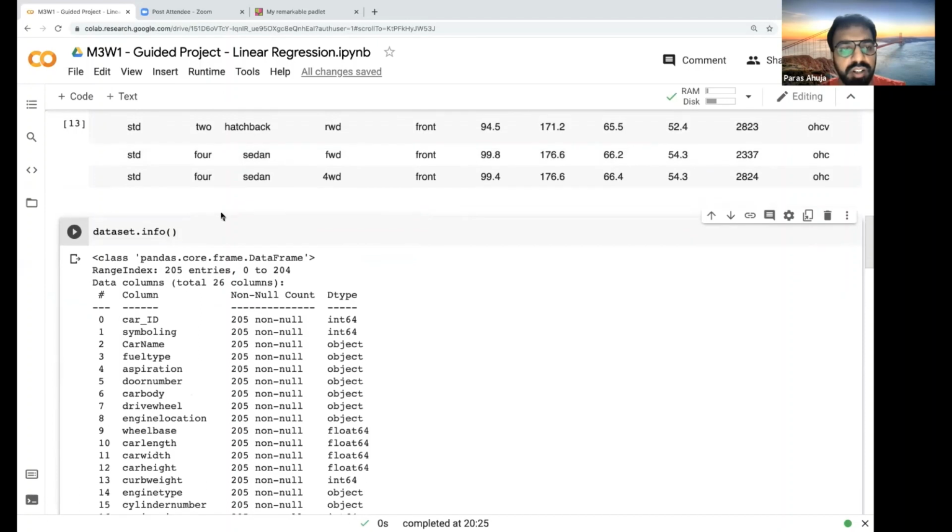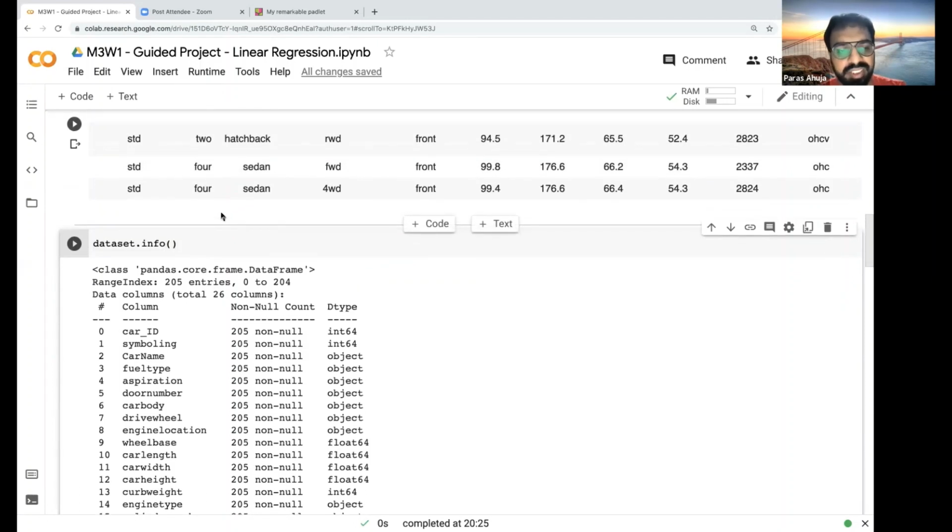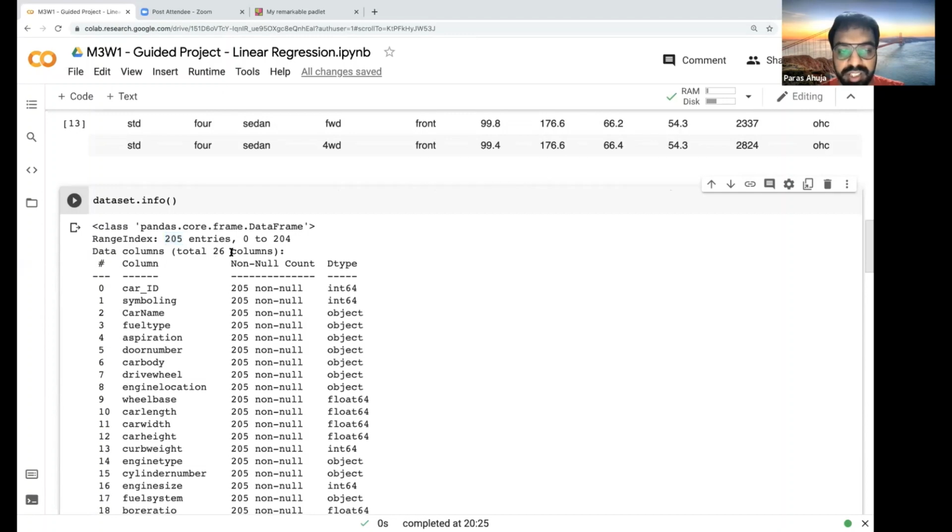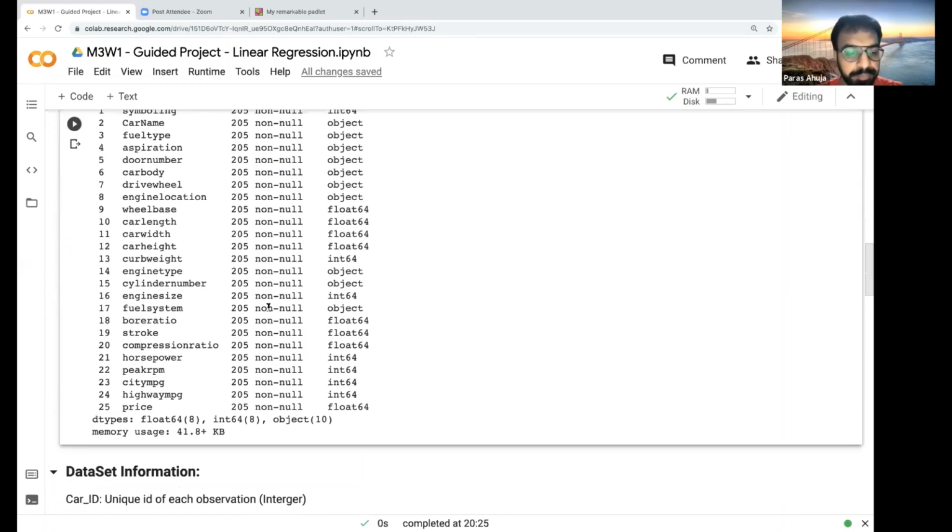We don't have a very big data set. Basically 205 cars and their properties and their price in 26 columns, without any null values, right?